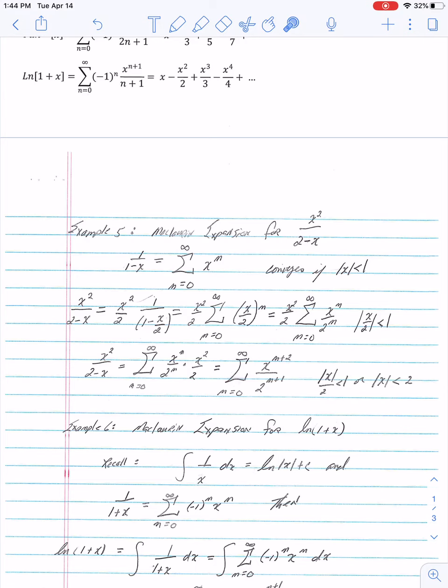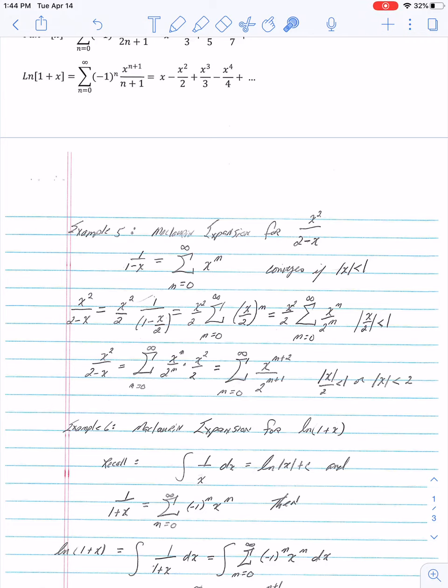And now I can rewrite this as x to the n over 2 to the n. I still have an x squared over 2. And if I want to carry this along with me, this converges when the absolute value of x is less than 1. But here, x over 2 is playing that role. So it's going to converge when the absolute value of x over 2 is less than 1.